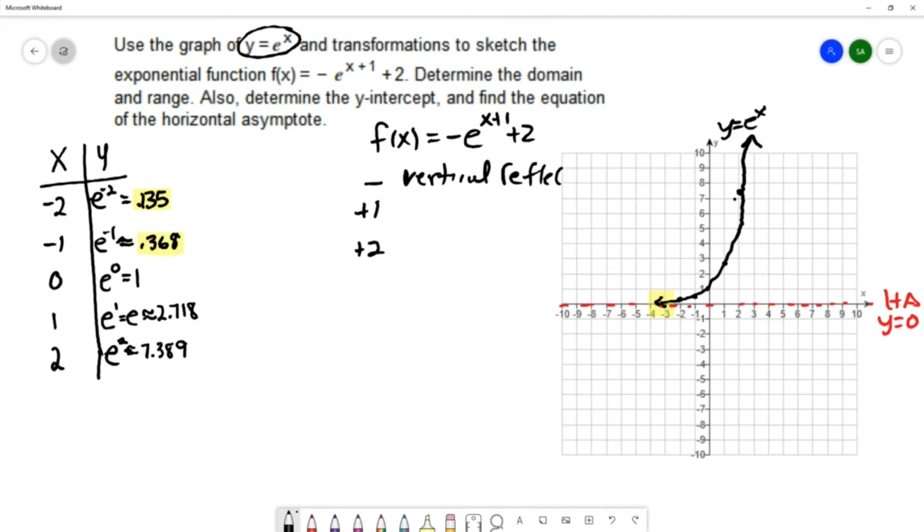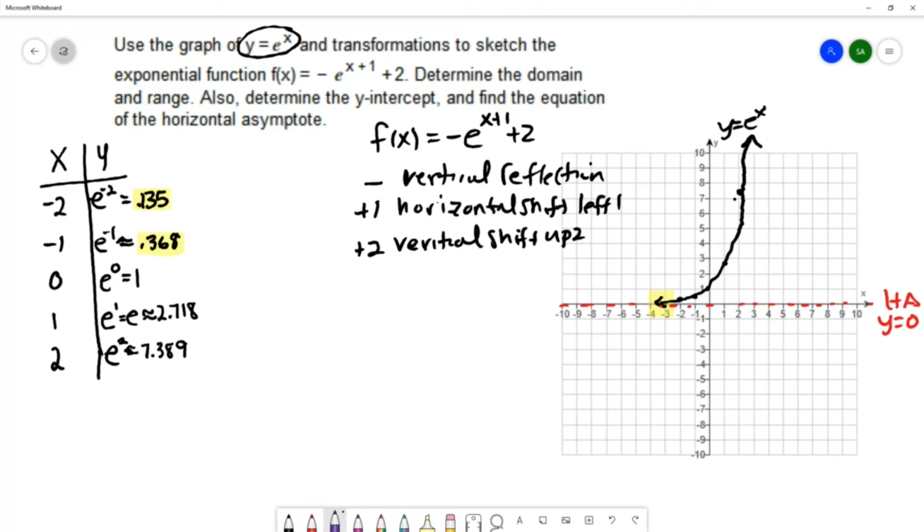The plus 1 is a horizontal shift, and that's going to go to the left 1. And the plus 2 is a vertical shift going up 2. So we're going to take the points that we had on the graph of e to the x and move them to their new position.